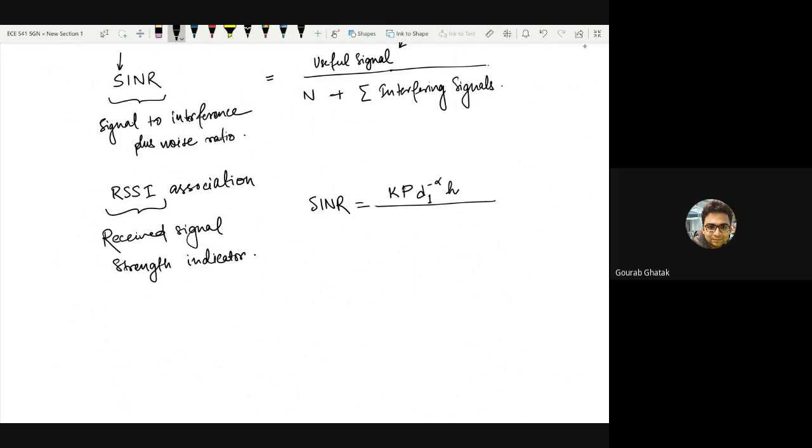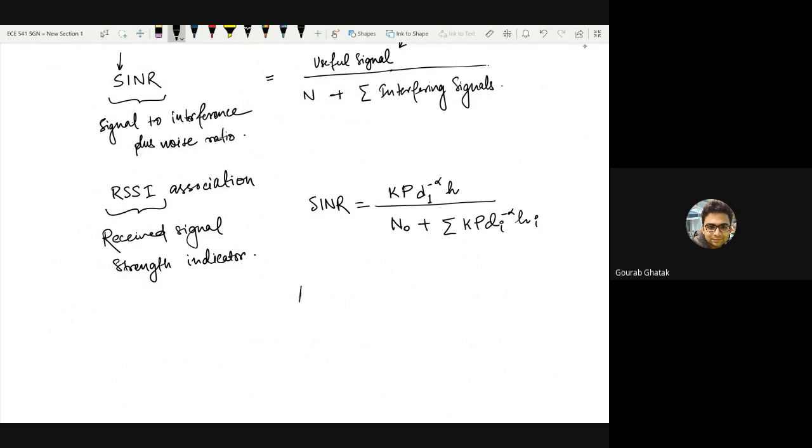Now we have something called the noise power, and we will come to how this noise power depends on the bandwidth and so on. But for the moment, let us assume that noise is given by a constant called N0. And the sum across all the interference powers, so Di and Hi.